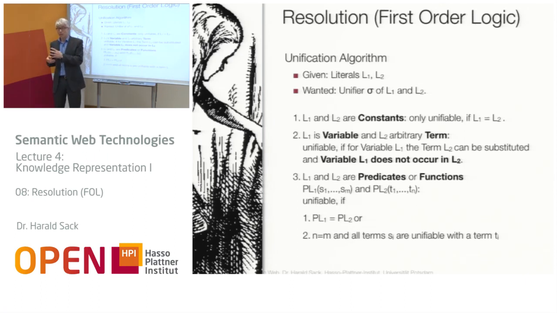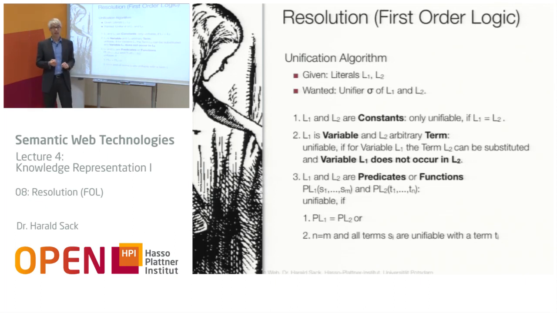Otherwise, it's not unifiable. And the third case we have to consider is if L1 and L2 are predicates or functions. So, for example, we have here predicate L1 and predicate L2, and they have the arguments s sub 1 to s sub m, and here t sub 1 to t sub n.